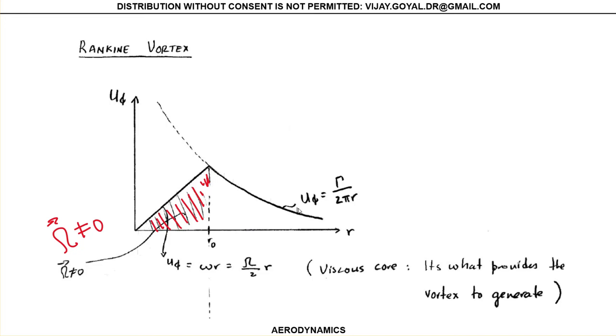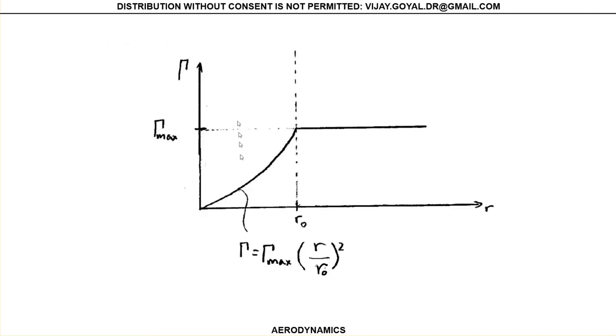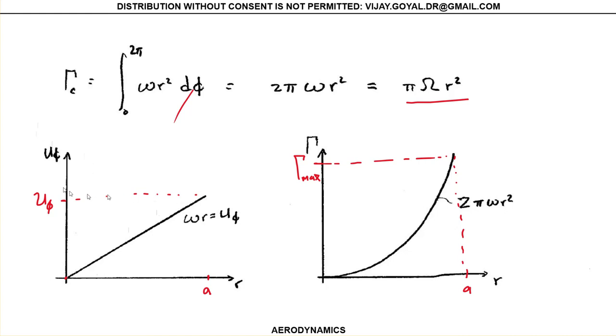It comes here. However, we can also do the following: combine these two equations. If you remember this equation, right, that we showed you, this is the velocity and this was the circulation, right?